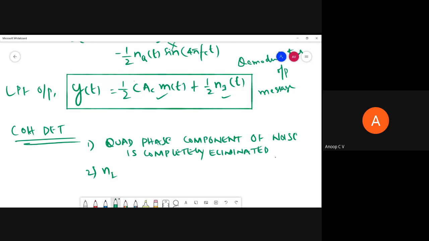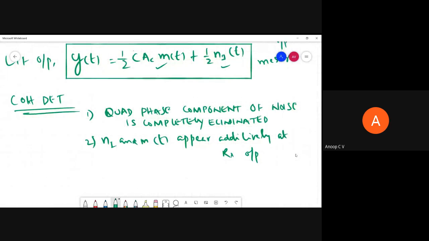Ni and m of t appear additively at the receiver output. This is a very important property of the coherent detector, which makes it different from other types of detectors. If you were using an envelope detector instead, this wouldn't have been the case.